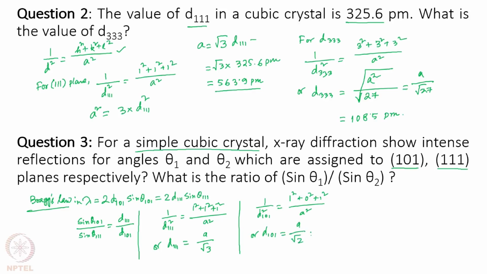So if I try to do d111 by d101, it is a by root 3 divided by a by root 2. So it is equal to root 2 by root 3, which is equal to 0.817. So this is the ratio of sin theta 1 by sin theta 2 for this particular crystal.